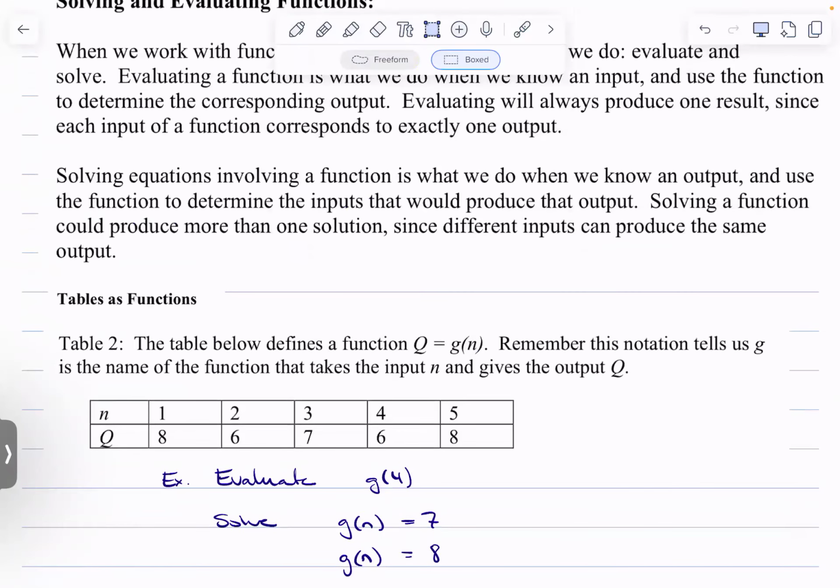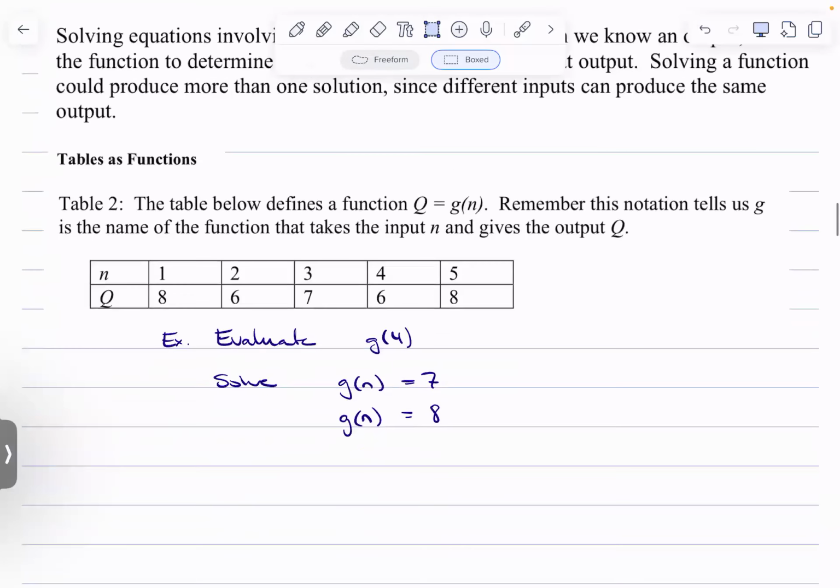One way that we can represent a function is as a table. A very basic way, and not a very fun way. So the table below defines a function, just generic q, which is a function g of n. So the name of the function is g. Just as a general rule, we use f for function, and then g, and then h commonly.